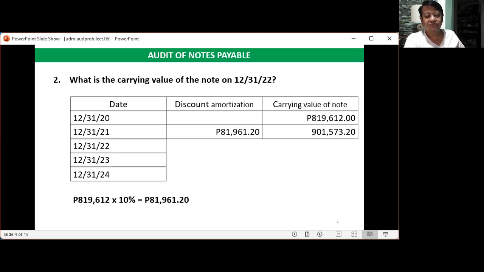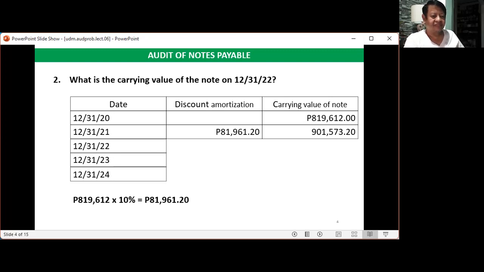We will gradually add the discount amortization in order to arrive at 1,200,000 pesos at the end of a 4-year period. That is the logic why we are adding every year the discount amortization, which is the 10% of the carrying value of the note.